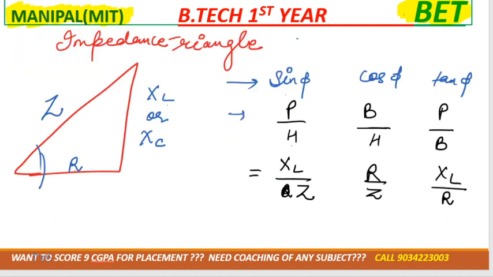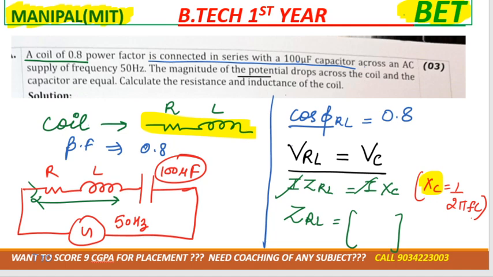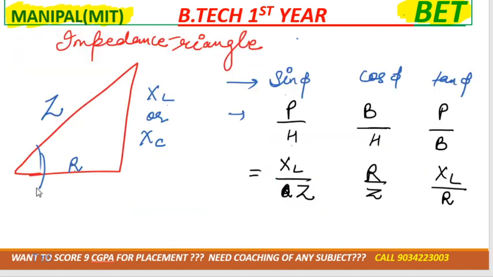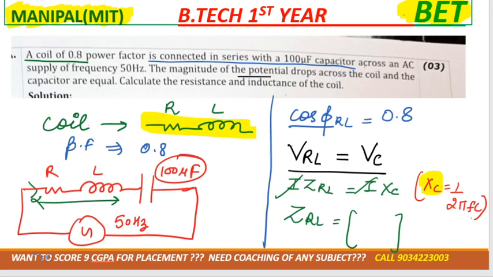Okay. So why I'm telling you, because you don't need to learn all these formulas, you just need to learn the impedance triangle, and from that impedance triangle you will be able to know what cos phi is. Cos phi, another formula, is R by Z. So why I'm telling you, because the cos phi of RL is given, and the ZRL value we have calculated from here. Can we get the R value by this formula?